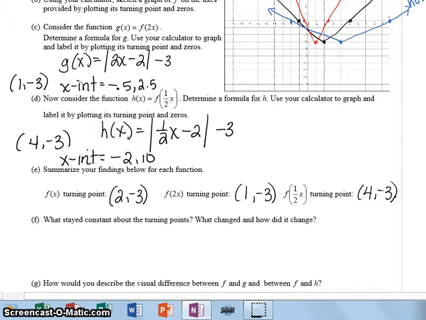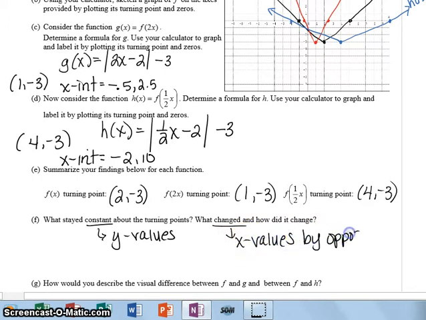What stayed constant about the turning points? If you look, the y values stayed constant. The y values did not change. They were all -3, -3, -3. So the y values stayed the same. What changed was the x values, by the opposite operation.